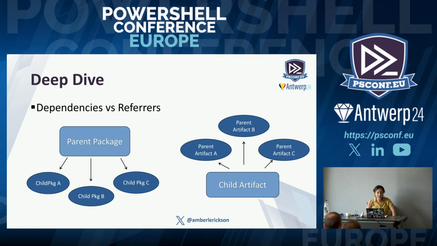Though we wanted to use the concept of refers because it's more container registry-ish, it didn't really work for us for the context that we needed. The concept of refers is kind of equated to dependencies, but it's actually meant more for things like SBOMs, like software bill of materials, security scanning results, and things like that.